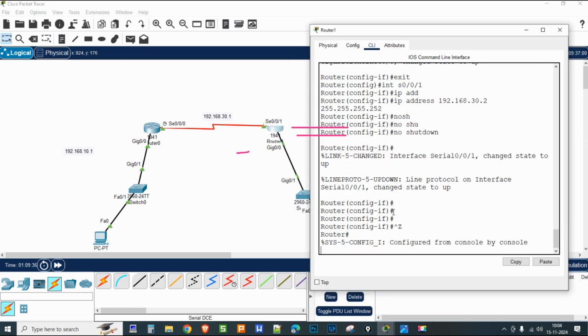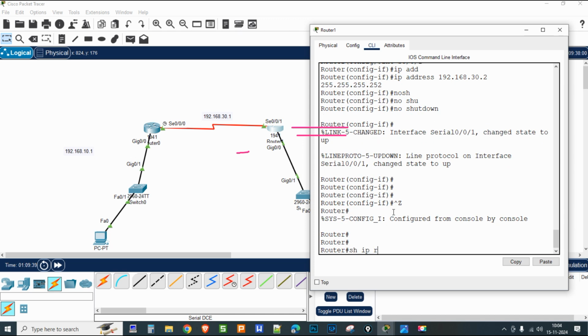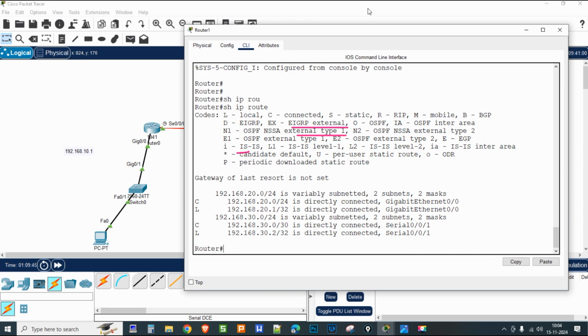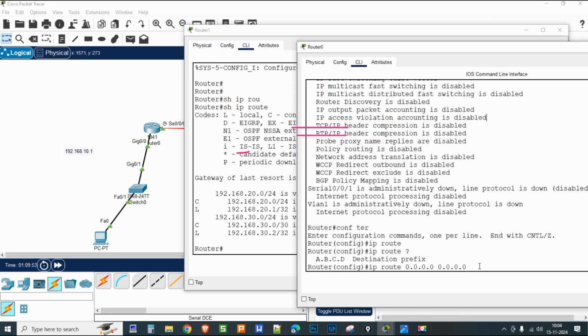Like this, you can see this routing table. You can configure the serial interface, that is the outgoing interface, serial number 0/0/1, or we can configure the IP address 192.168.30.2.